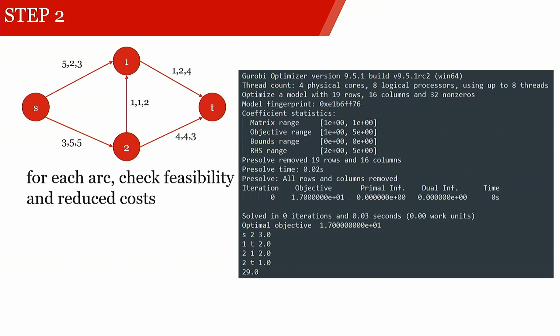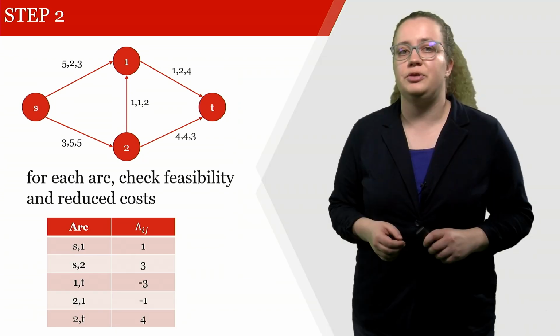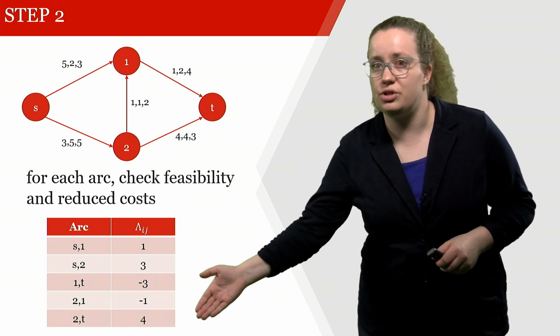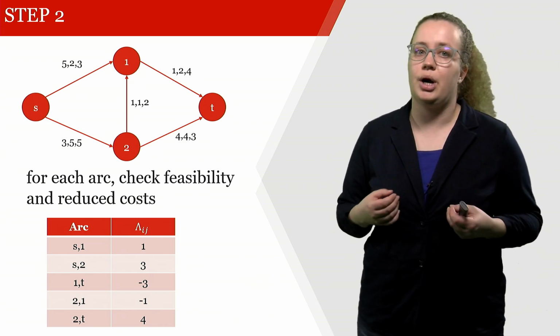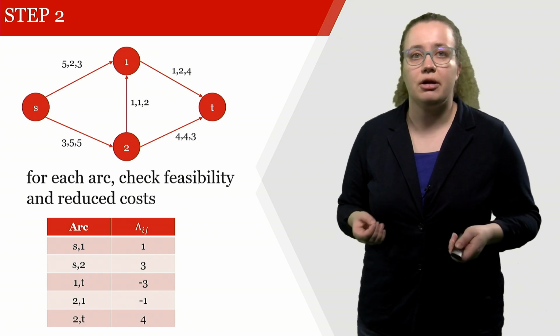For example, if we drop the first arc, we see that we're reducing costs by 1, so we go from 30 to 29, as you see here in this output of Gurobi. We can do this, of course, for all arcs. And if we do so, we see that dropping the arc from 2 to t actually reduces our costs the most, by 4. So this is the arc that we're now going to drop.